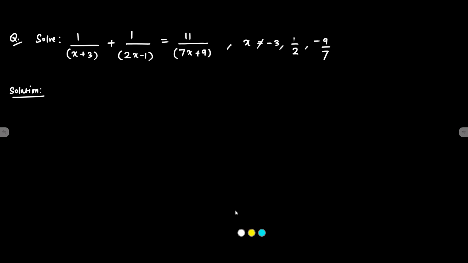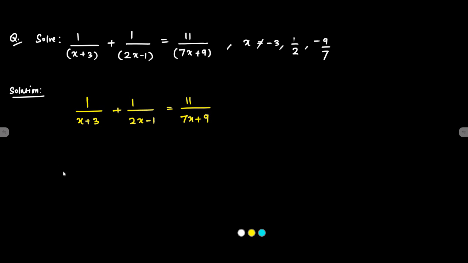So we have to solve it. First we'll write the equation in the present format, which is 1 by x plus 3 plus 1 by 2x minus 1 is equal to 11 by 7x plus 9.